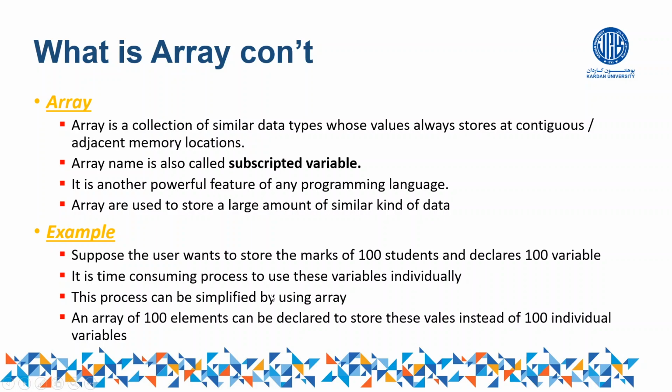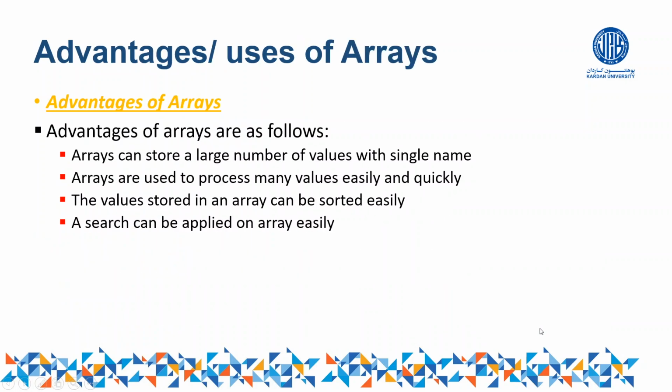Now this process can be simplified by using an array. How can we simplify this process? An array of 100 elements can be declared to store these values instead of 100 individual variables. So only a single variable with 100 elements will be declared instead of 100 individual variables.